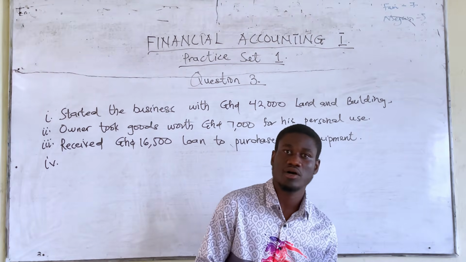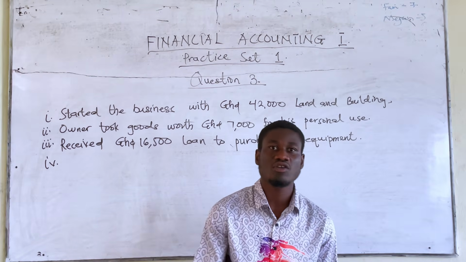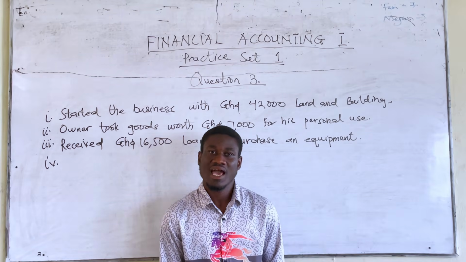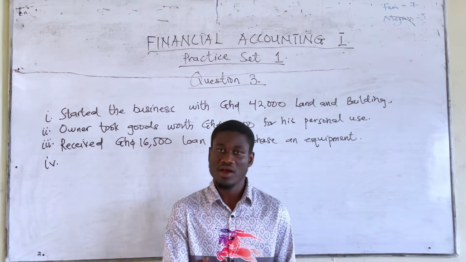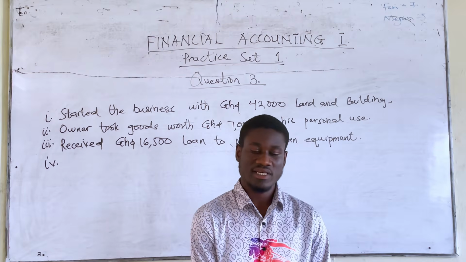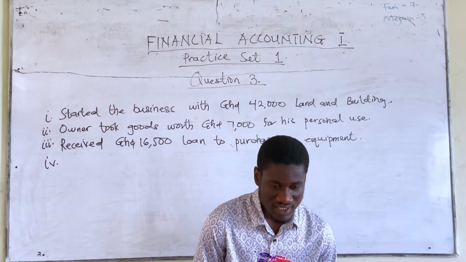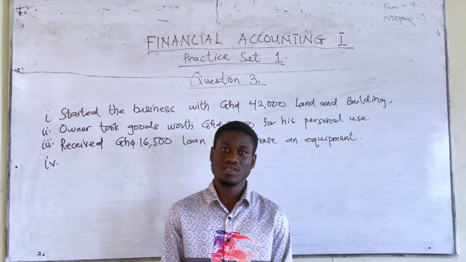If we owed zero to our creditors and now we purchase on credit, the amount we owe them is going to increase. That's why we see an increase in stock and an increase in creditors.